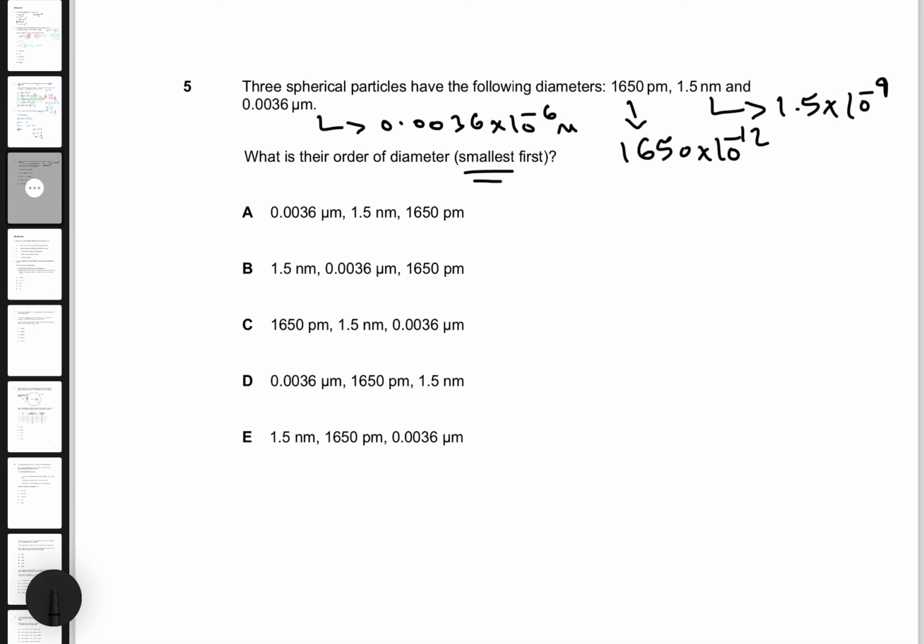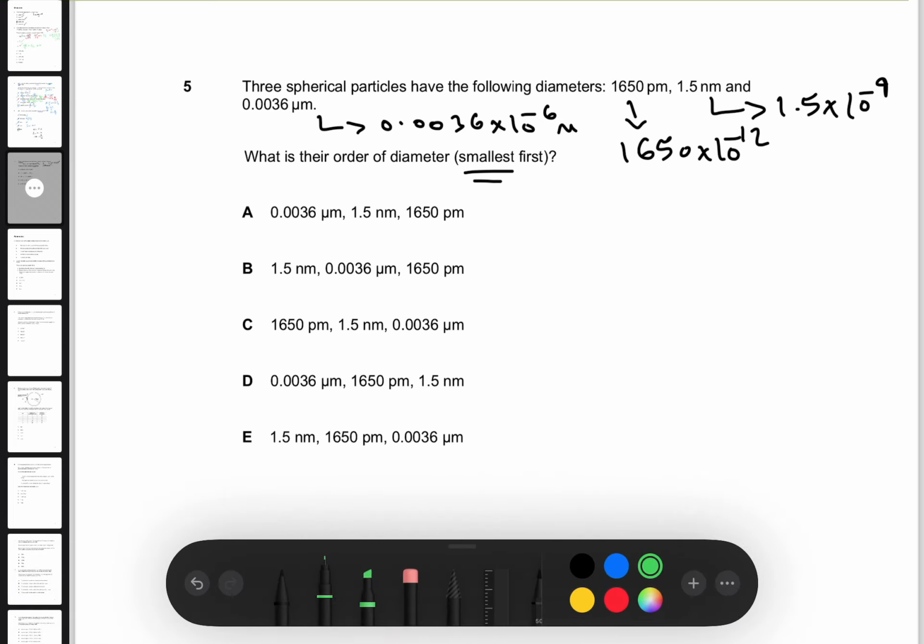So what you have to do is check which of these is equal to the smallest value. Technically speaking, 1.5 nanometers is 1.5 times 10 to the power of negative 9. If we simplify this to one digit, we move 1, 2, 3 places, and you would get 1.6 times 10 to the power of, since we move the decimal places back, we add 3 to the negative 12 power.